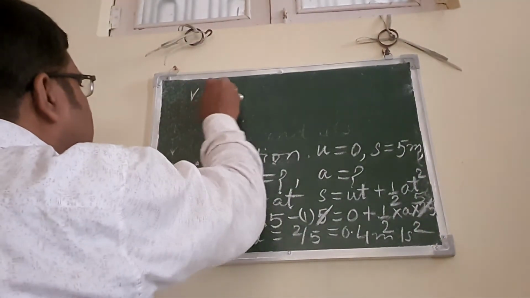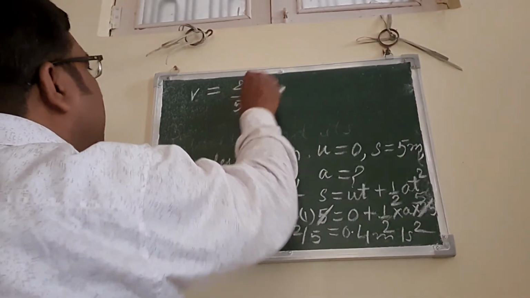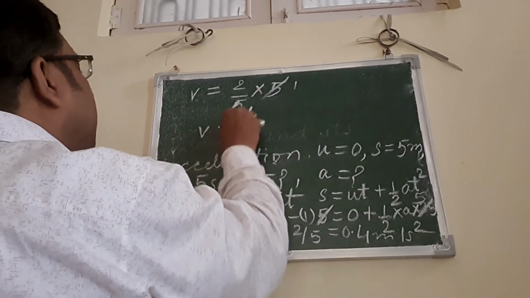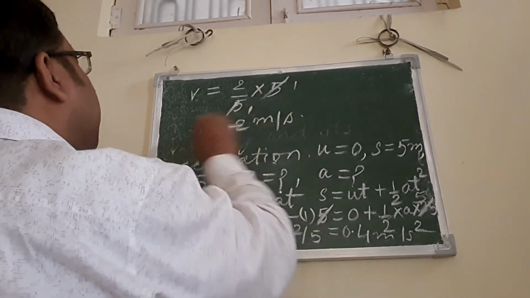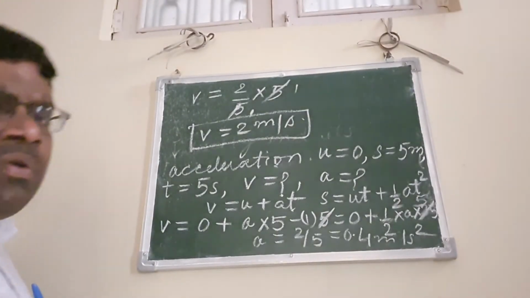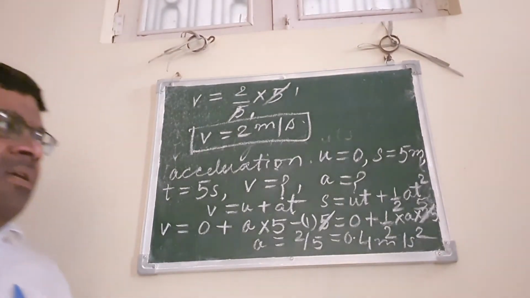So v is equal to 2 upon 5 into 5, 5 and 5 get cancelled. So v is equal to 2 meter per second. So this is our final velocity. So this is the answer.